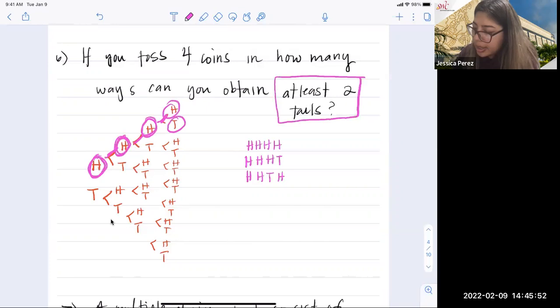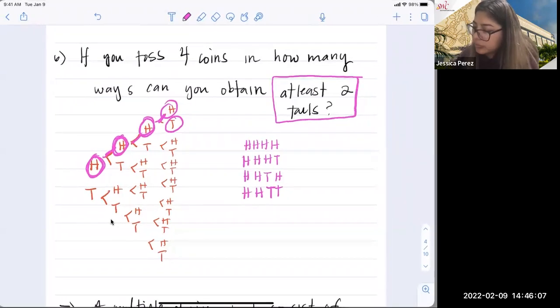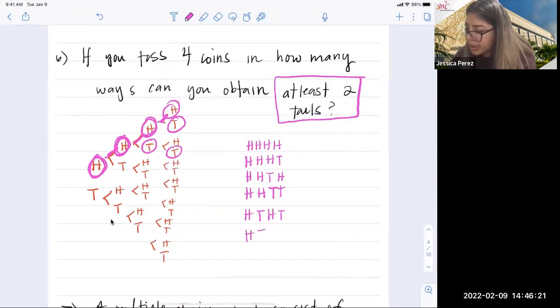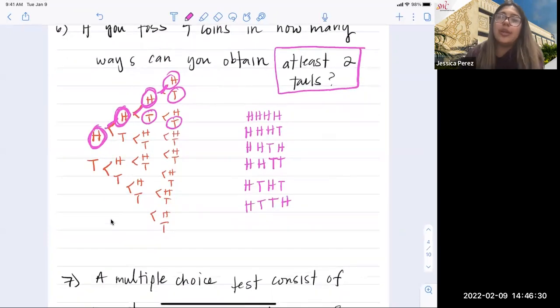The next one would be head, head, tail, head, which we already have. We did it twice. Head, tail, tail, right here. And then head, tail, head, tail, tail, head. So you look at the choices, there's going to be a total of 16 choices.